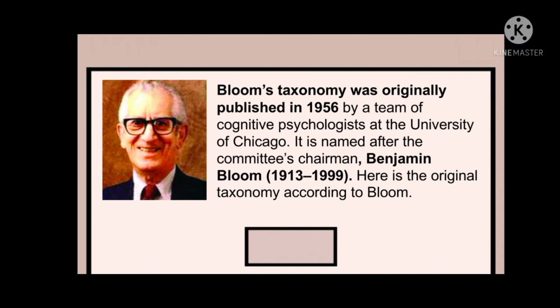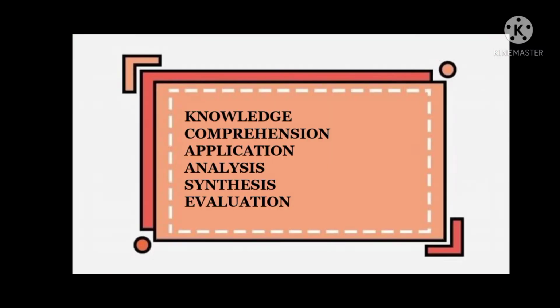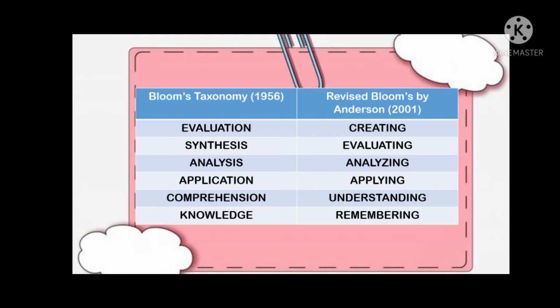It is named after the committee's chairman, Benjamin Bloom. And here is the original taxonomy according to Bloom. Starting in the lowest order of thinking: knowledge, comprehension, application, analysis, synthesis, and evaluation.